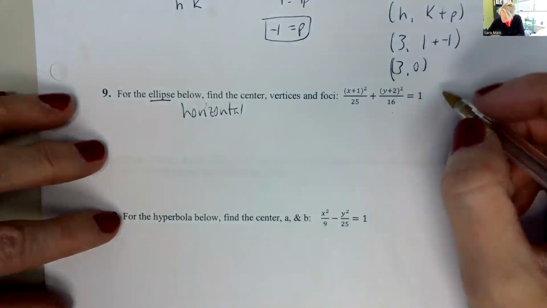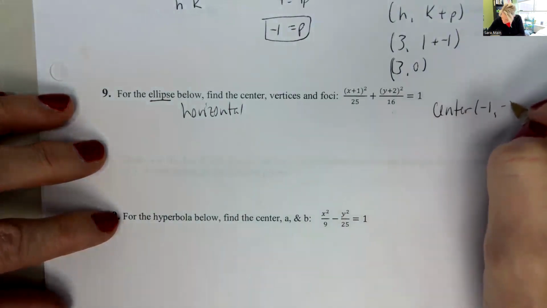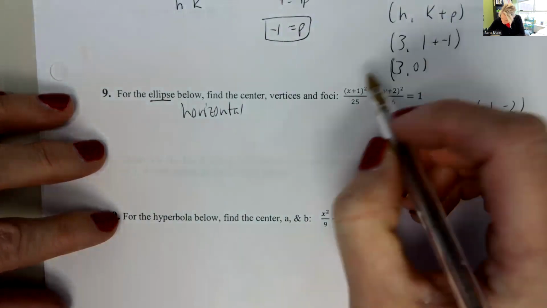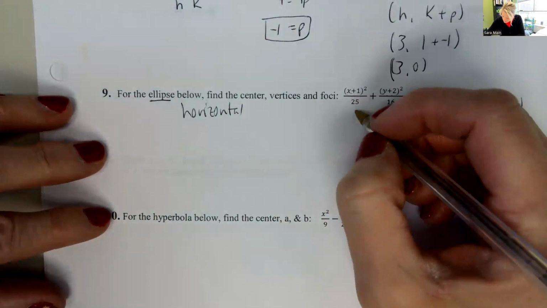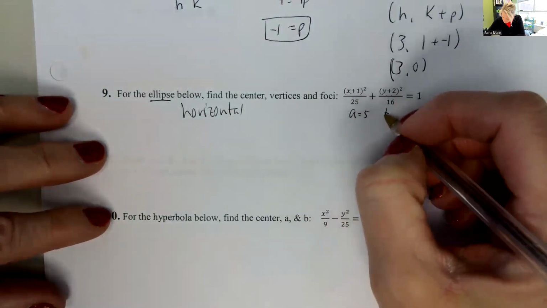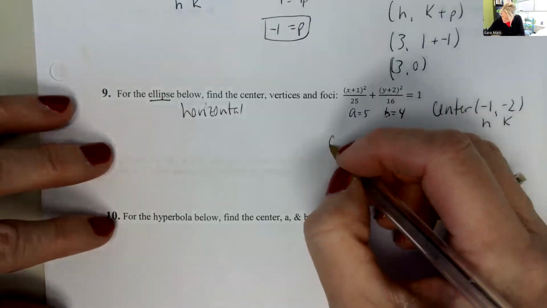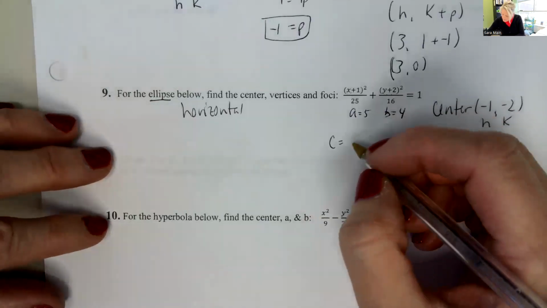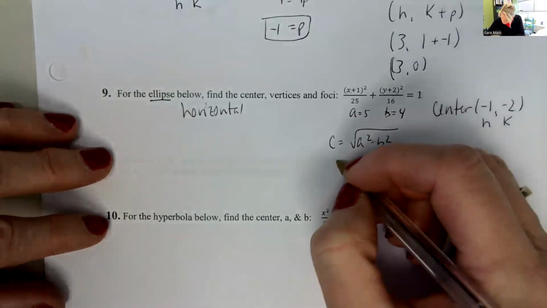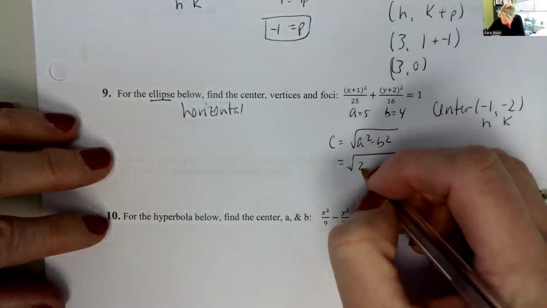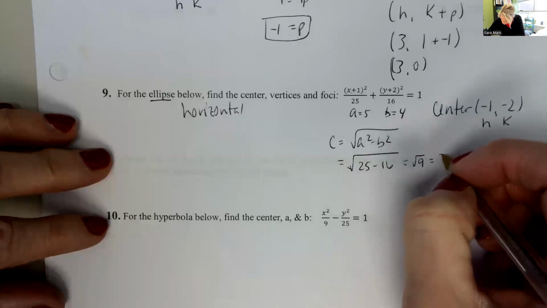My center is at negative 1, negative 2 for h and k, because it's x minus negative 1 and y minus negative 2. A is equal to 5 and B is equal to 4. And then we need to find C for the ellipse. C is equal to the square root of A squared minus B squared. So that's the square root of 25 minus 16, or the square root of 9, which is 3.